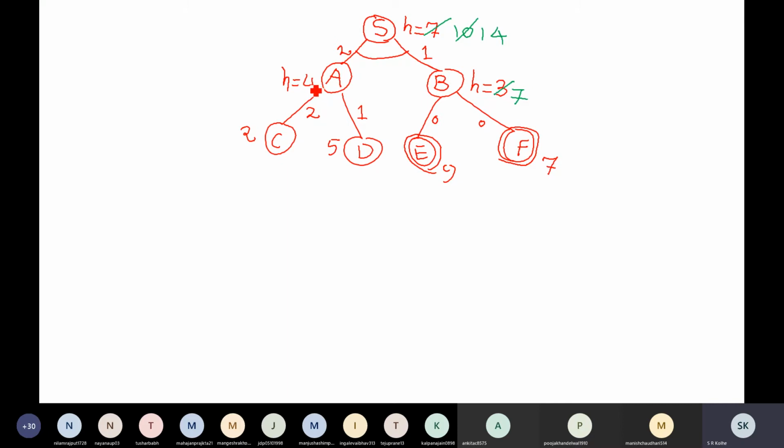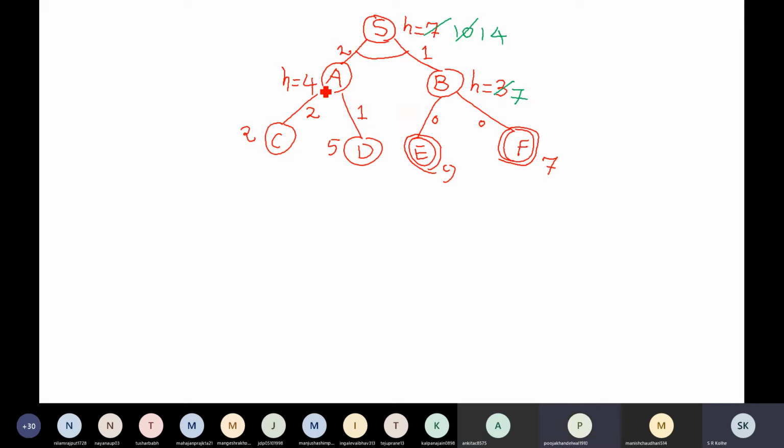What will be the new cost with A? 4, the same. It will remain the same because the new cost is also 4. So C and D are on the open list now.